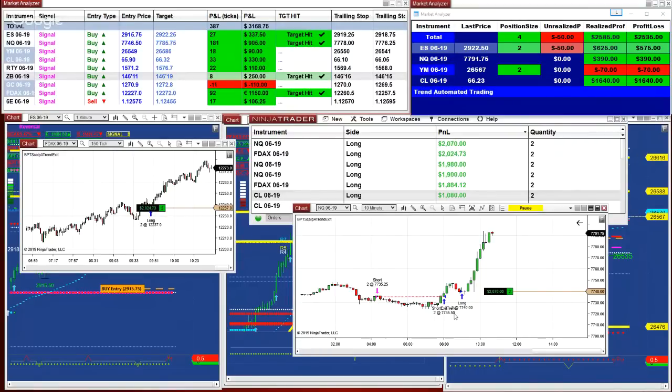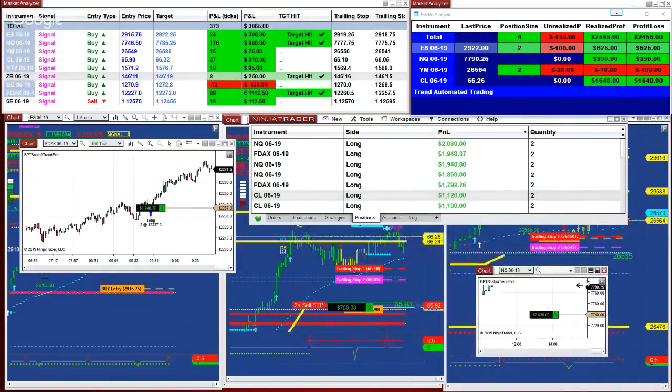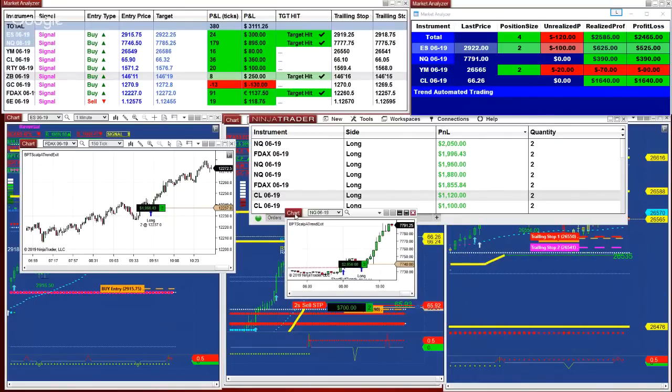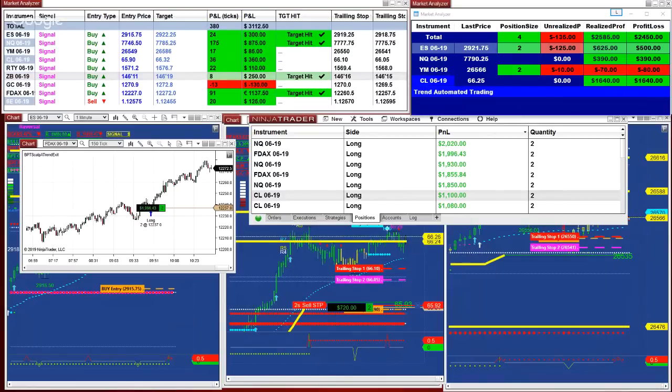So on the YM and the Nasdaq, for our traders, our members, you can use the 10 minutes. You can use one contract, and you can use the Russell if you want to, whatever. But on the Nasdaq and the YM, they are very cheap to trade the 10 minutes one contract, and then you can avoid all this volatility.